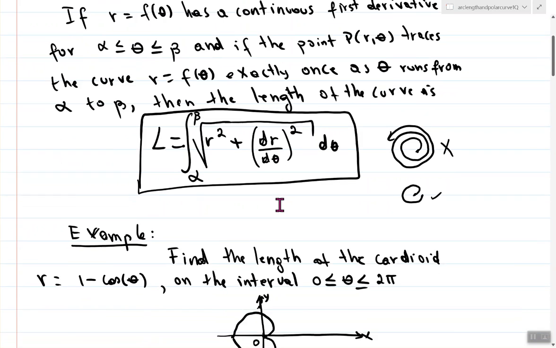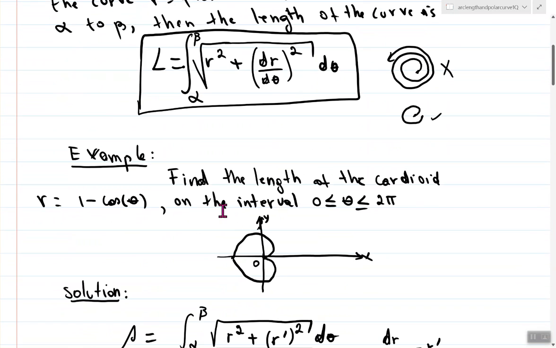So let's take an example. It says find the length of the cardioid r equals 1 minus cosine theta on the interval 0 to 2 pi. So theta is between 0 and 2 pi. If you graph it, the curve looks like this.